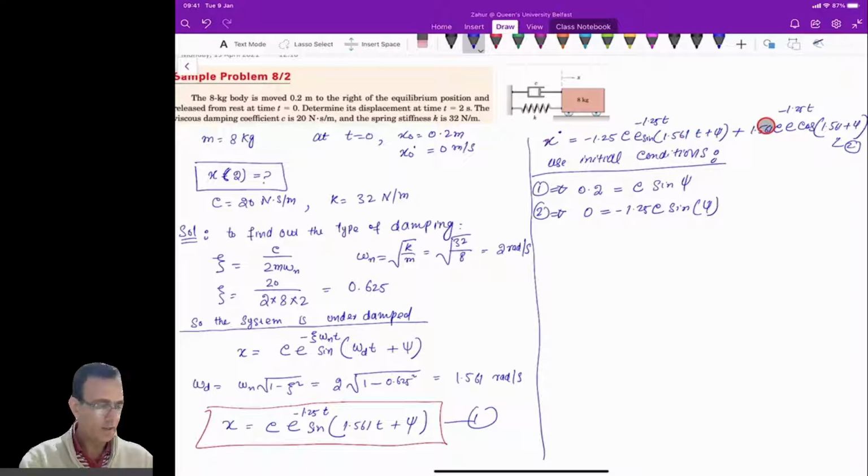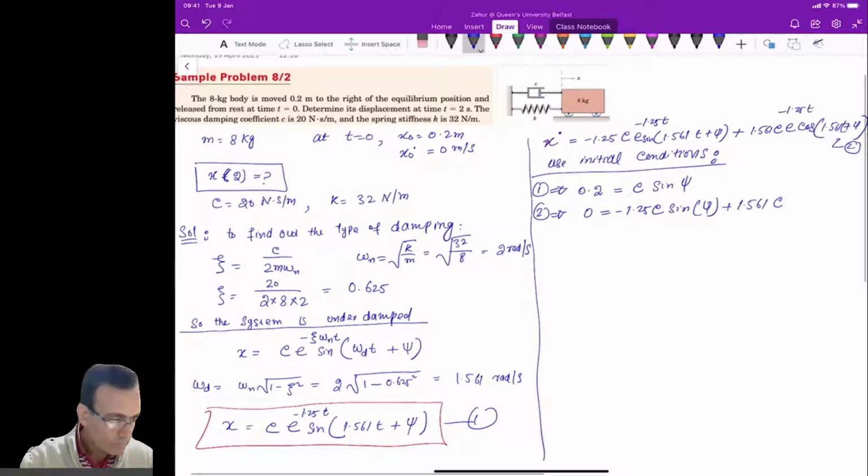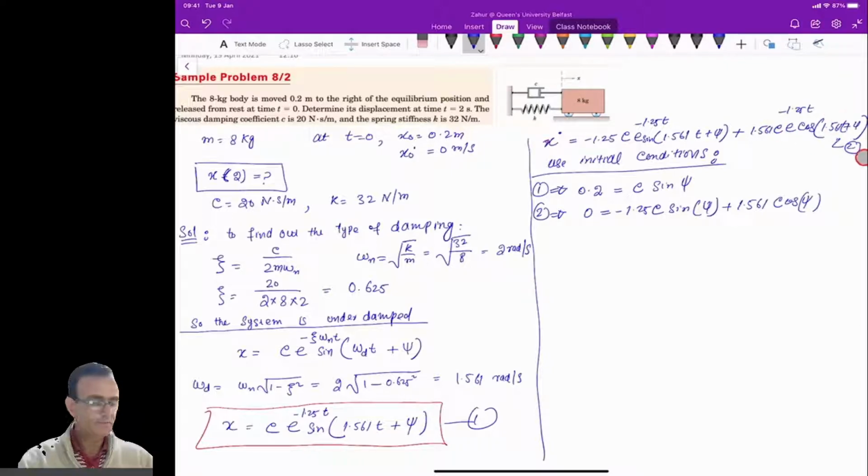And now for this part, plus 1.561 t, and e to the power minus 1.25t will become equal to 1. And again this 1.561t will become equal to 0. It will become cos psi here. So we end up with this equation here.